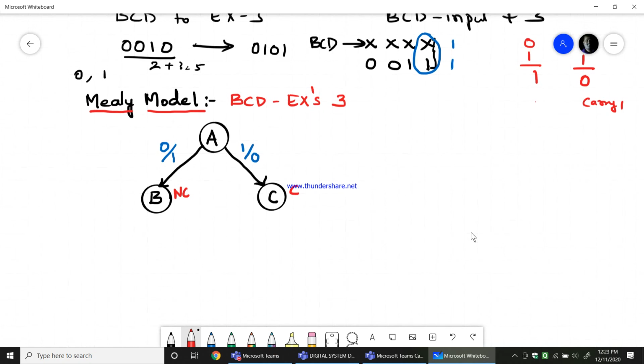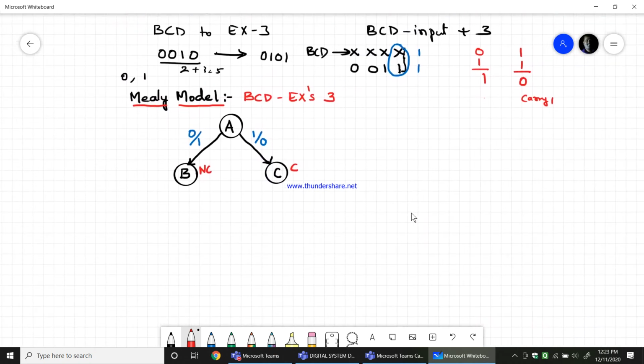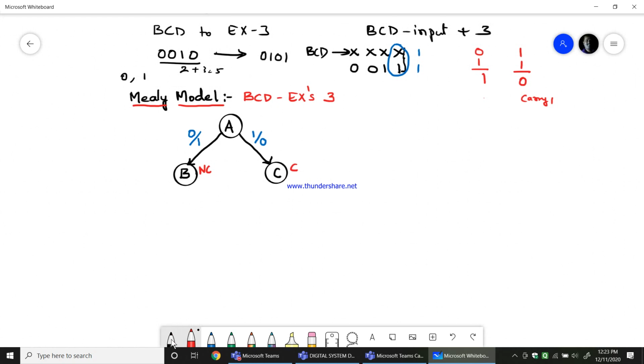I will go to the next state. For B we will have two states, and for C we will again have two states. At B, the previous carry would be 0, no carry.